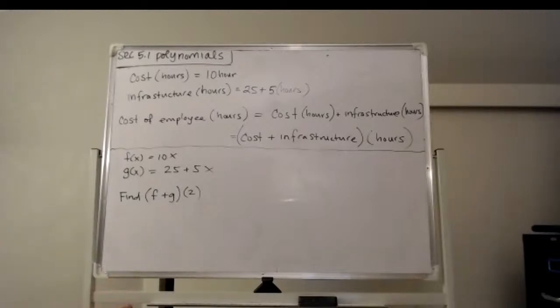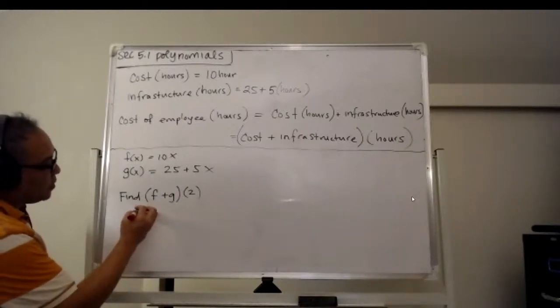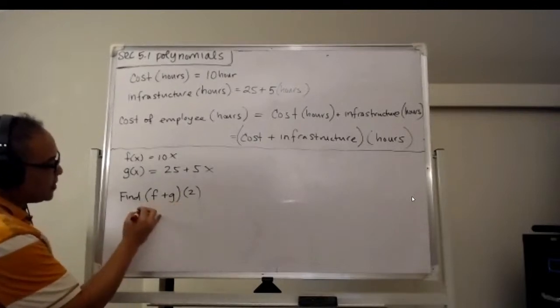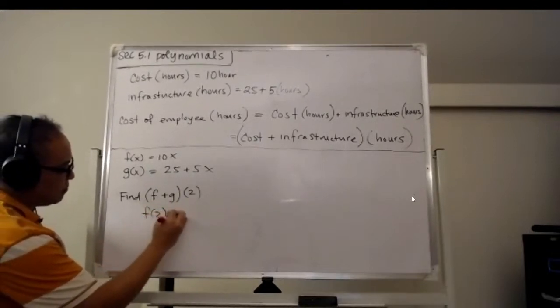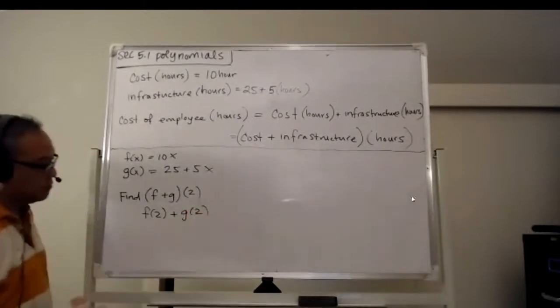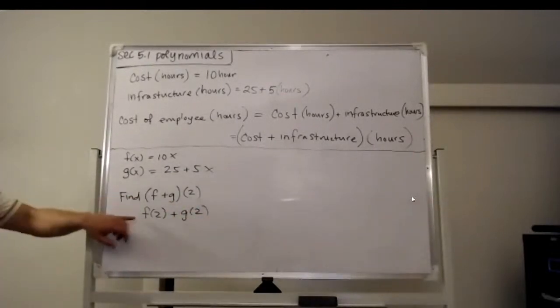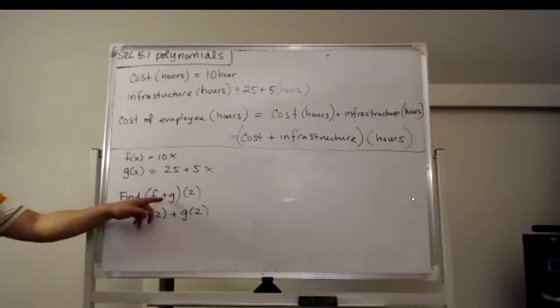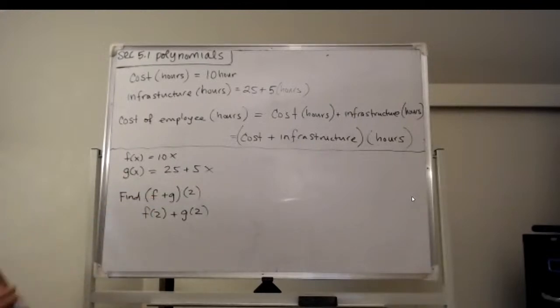Now, there's nothing new here. The only thing that you have to do is know that this is the same thing as this. This and this mean the same thing. Whatever operator is in between, you just do that.